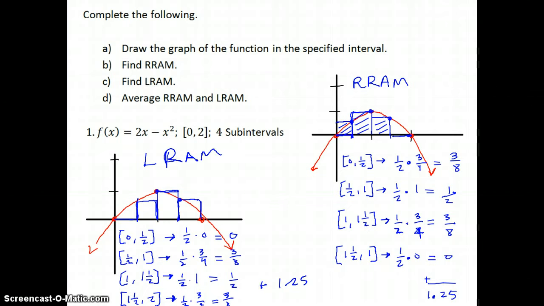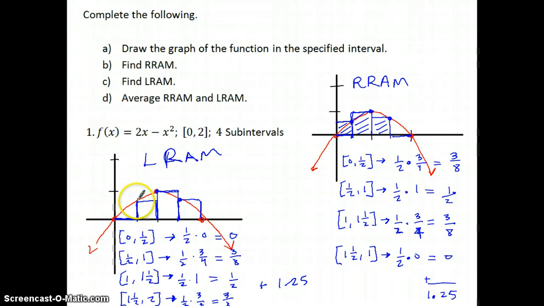Okay, so here we have LRAM, and I have the intervals, 4 separate intervals, and I found the area of each one of the rectangles. So the first one here, we don't have a rectangle.